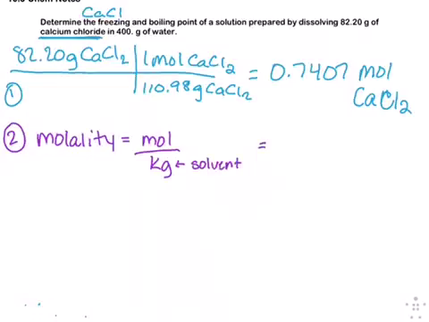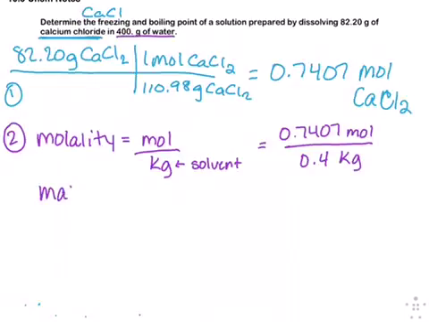So in our case, our moles were 0.7407 moles over, we have 400 grams of water, but to convert that to kilograms. So then our molality equals 1.85.